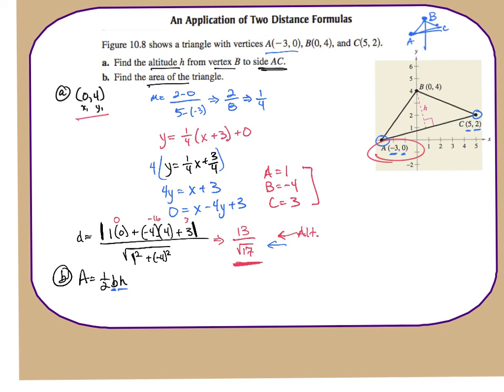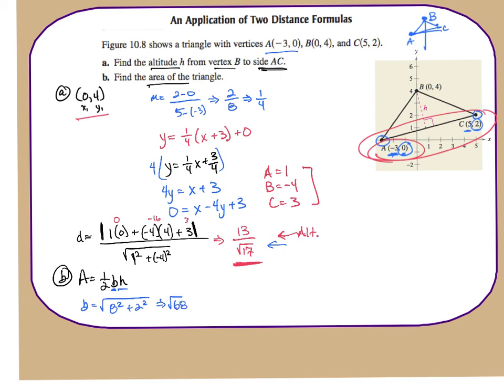And so the base would be the distance between A and C. All right, so to find a distance, we just use the distance formula. So to find my base, I'd have the square root of the difference of x's, so negative 3 to 5 is 8, so I'd have 8 squared, and then the difference of my y's, 0 to 2, so that would be 2 squared. So 8 squared is 64, 2 squared is 4. We add those together, we get square root 68.